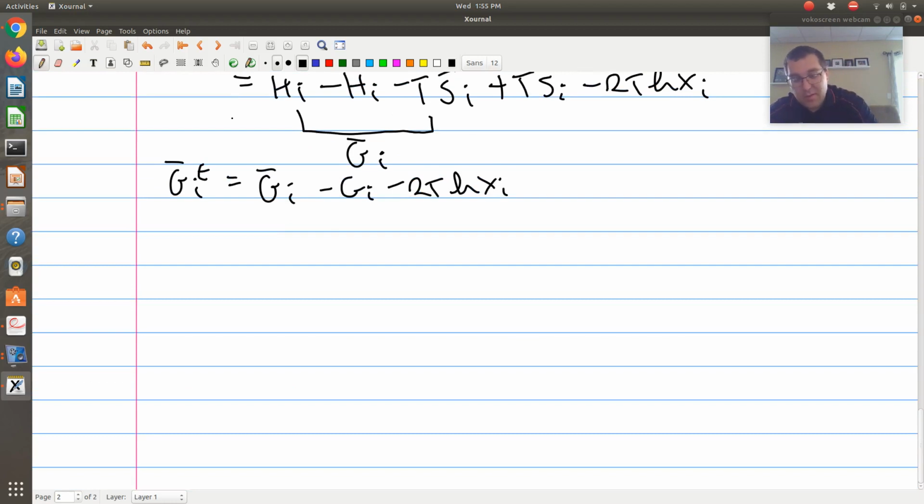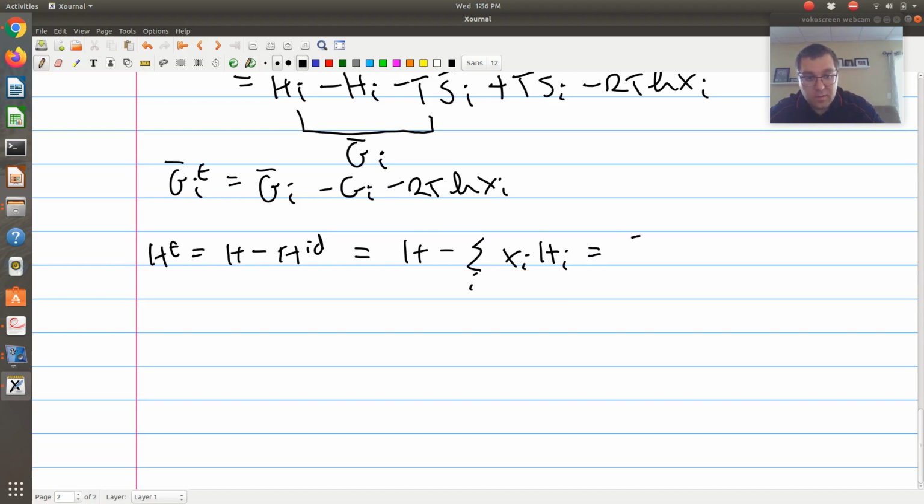Maybe it'd be even easier if we were to look at enthalpy, then we wouldn't have to worry about these log terms. If I were to look at enthalpy, HE is actual relative to that of an ideal solution. So that'd be H minus sum over i xi Hi, or equivalently, this is sum over i xi times H bar i minus Hi.